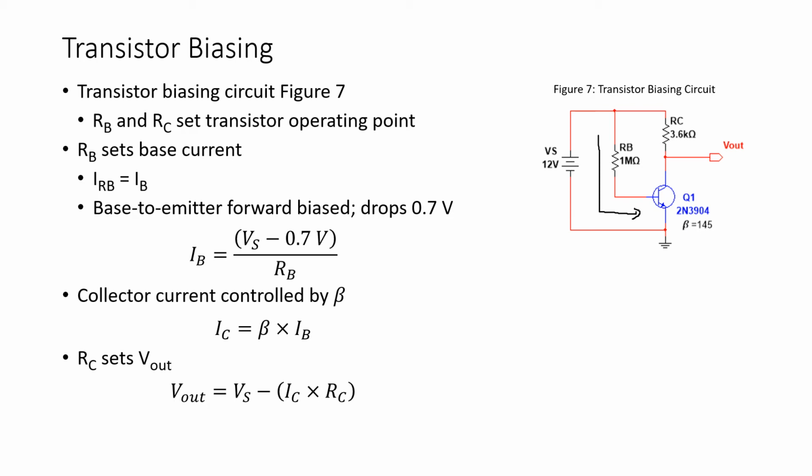The base current will equal the supply voltage minus the 0.7 volts that is dropped from base to emitter. Again, this is a forward biased PN junction, just like a diode. So from base to emitter, we're going to have a 0.7 volt drop as shown.